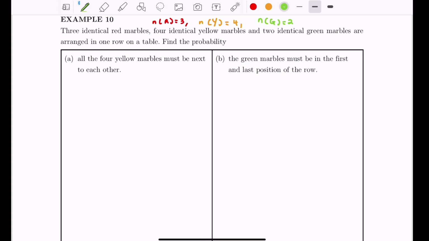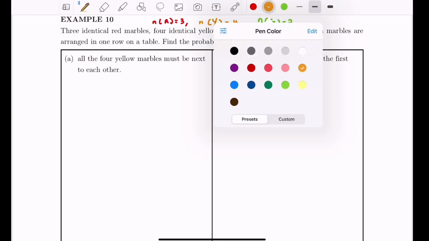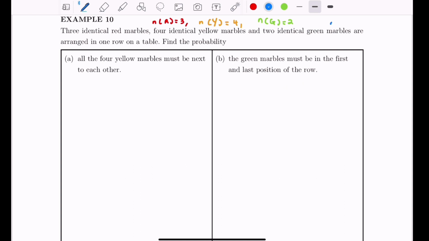Alright, so altogether we have 3 plus 4, 7 plus 2, we have 9 marbles altogether. So we have to arrange them in one row. So the number of sample space here is when we arrange the marbles with no restriction.